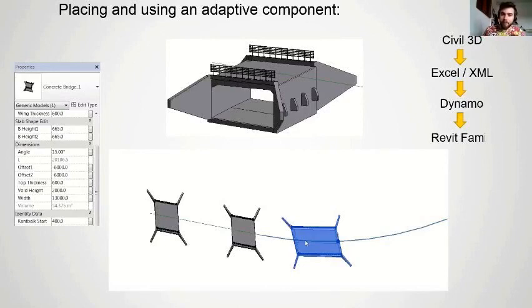So the engineers have some tables that say, if the bridge is 10 meters wide, then the thickness should be that much. If it is also 15 meters long, something should change. So we had that as data pretty much.